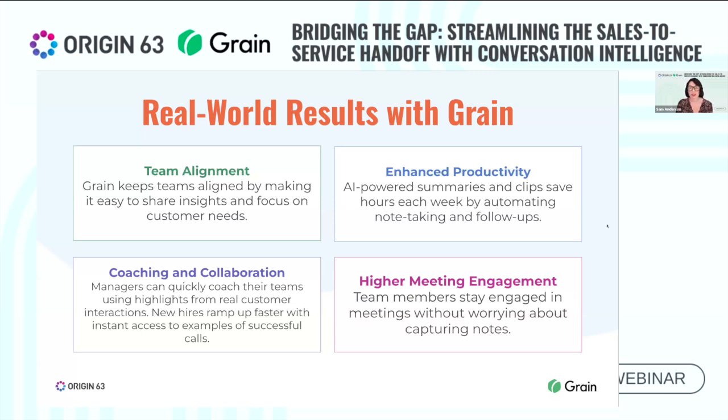But then customer success, the onboarding team, basically anybody who interacts with our customers is having the conversations with Grain included. What that's allowed us to do is, yes, have far higher engagement because nobody's worried about taking meeting notes, but we're also continuing the thread of the conversation from sales into the customer relationship.